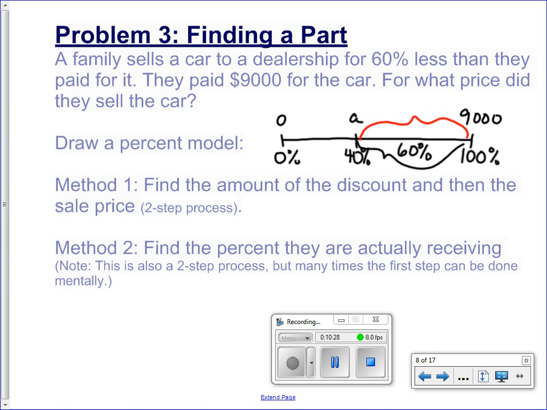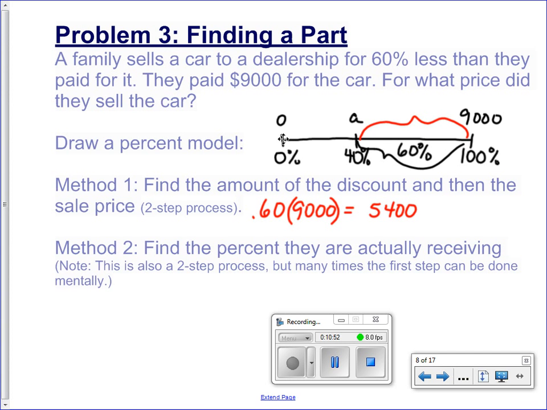So first, we're going to find 60% of 9,000. 60% written as a decimal is 0.60 times the 9,000, which is 5,400.